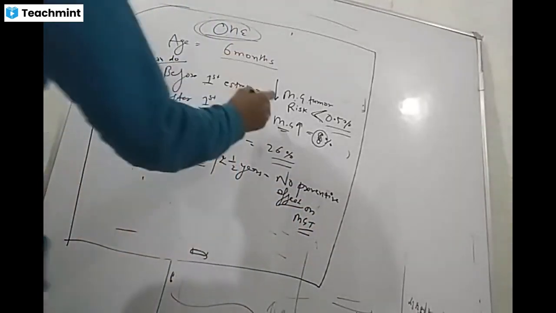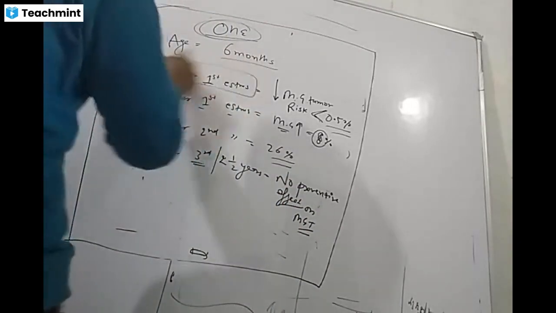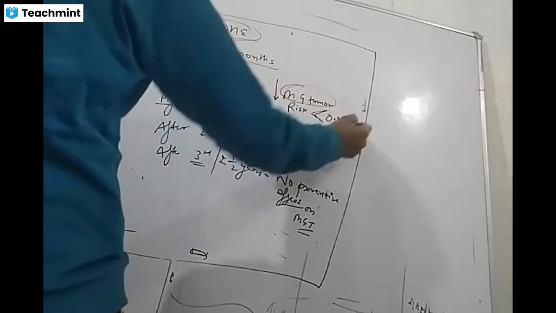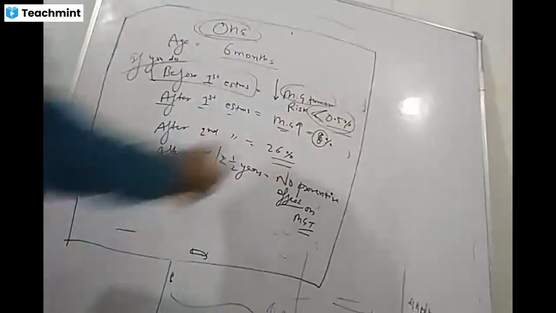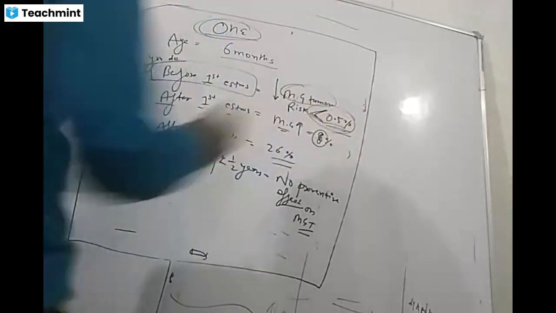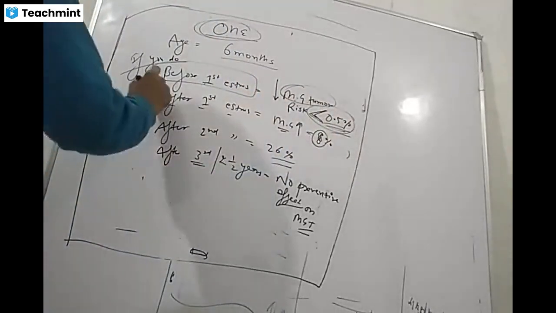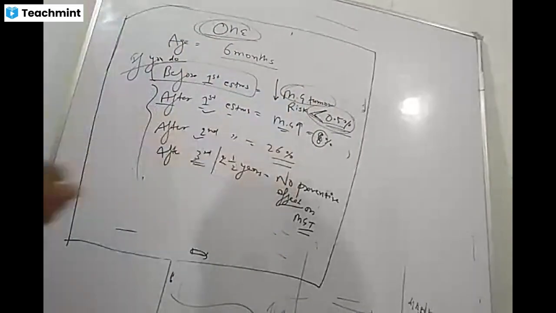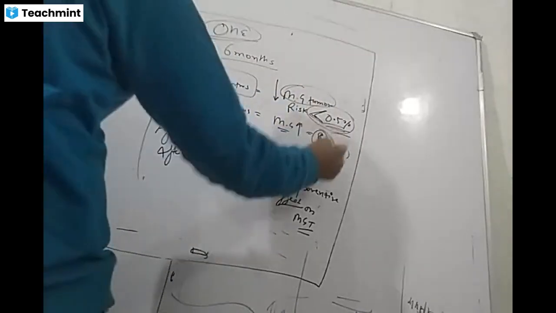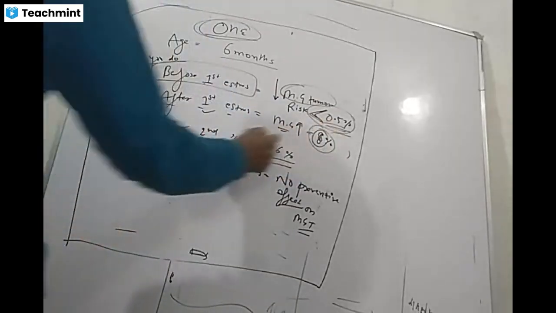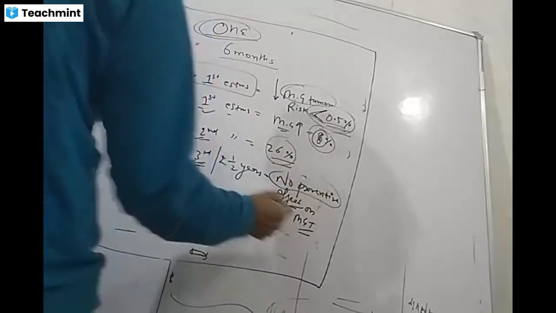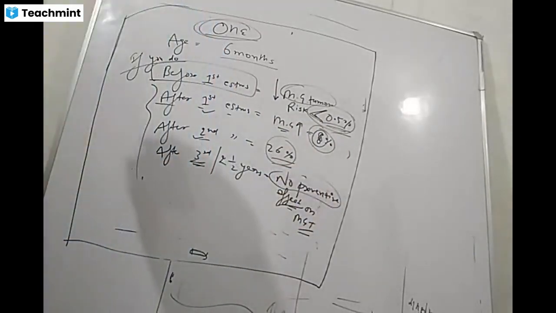So spaying the animal before first estrus will reduce the chances of mammary gland tumor to less than 0.5%. After your first estrus, chances are more. After first, chances are 8%. Second estrus, 26%. And after third, there will be no preventive effect. So this is related with the age.